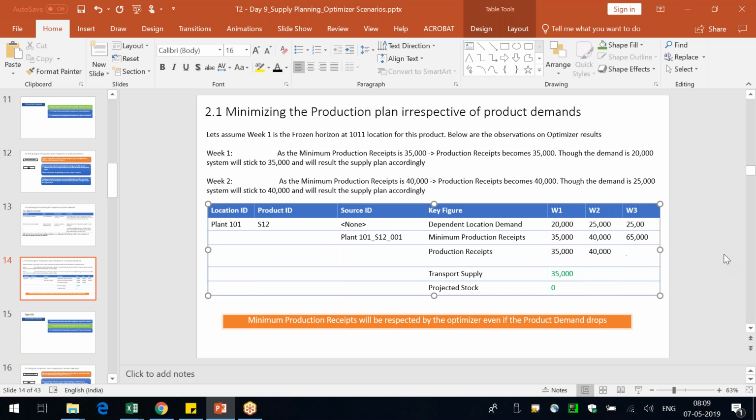Nope, because it has capacity issues. It can only do a maximum of 50,000. That's it. What is another key takeaway here? Minimum production receipts is a pseudo hard constraint; it cannot violate the hard constraint. Capacity supply is a hard constraint, so it cannot mess with the available capacity.